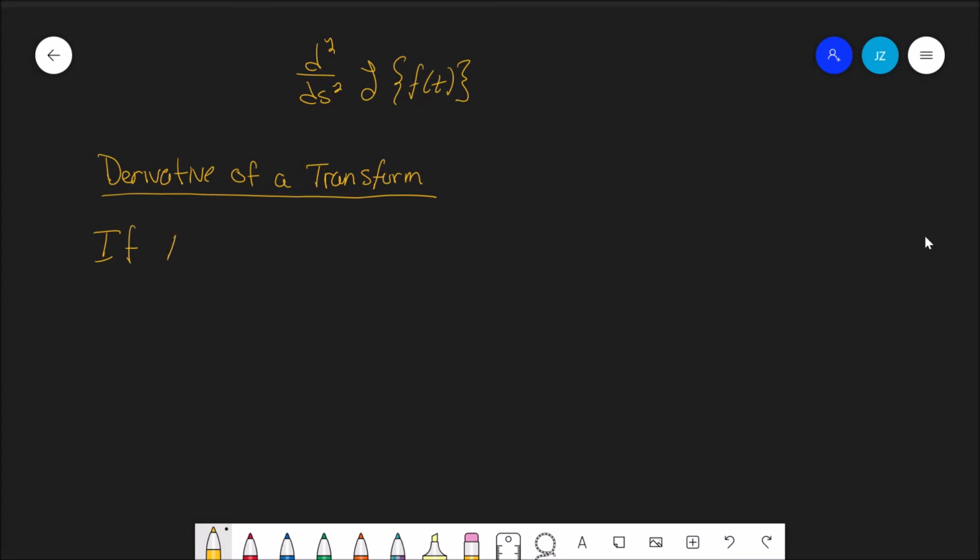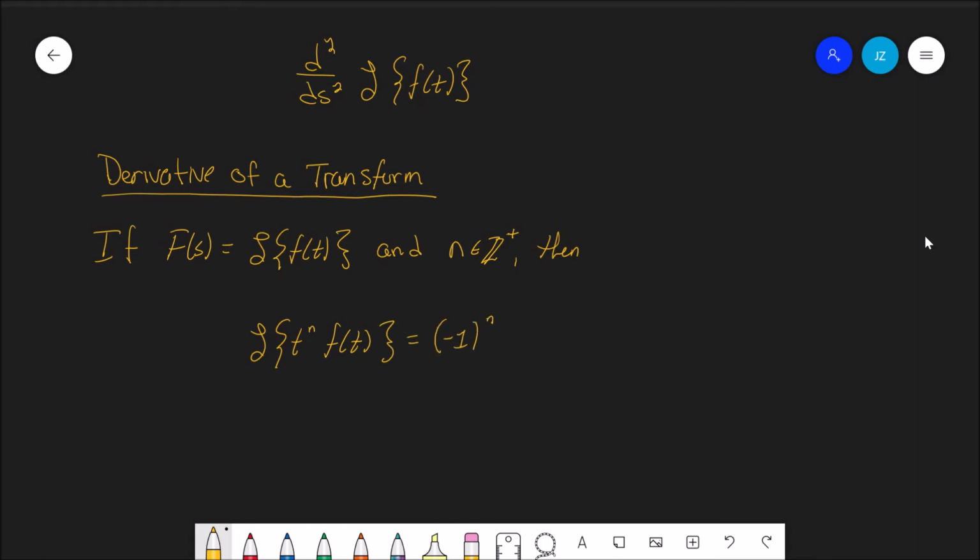If F(s) is the Laplace transform of f(t), and n is a positive integer, then the Laplace transform of t^n f(t) is equal to (-1)^n times the nth derivative with respect to s of F(s).